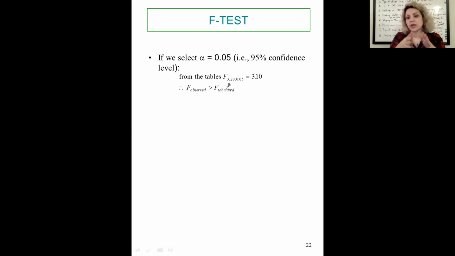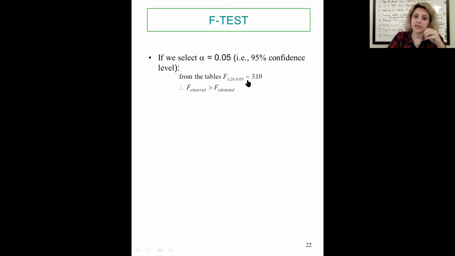Or you can say that I have 4 treatments: the first one had degree of freedom 3, the second was 3, the third was 5, and the fourth was 7. So 3, 5, and 7 add up to give us 20. So you can go with both methods. And then alpha is 5% from the table. We would read it, and it's going to be 3.